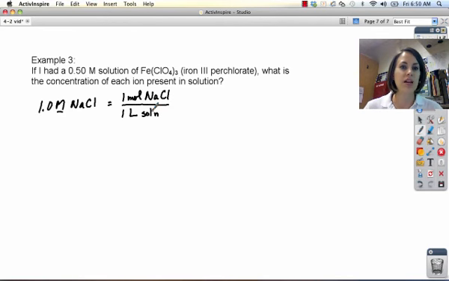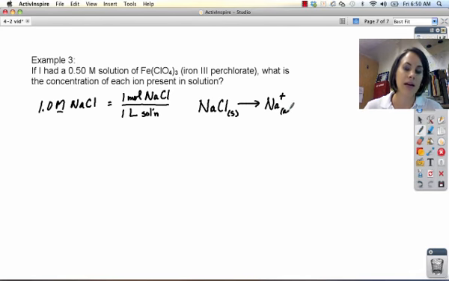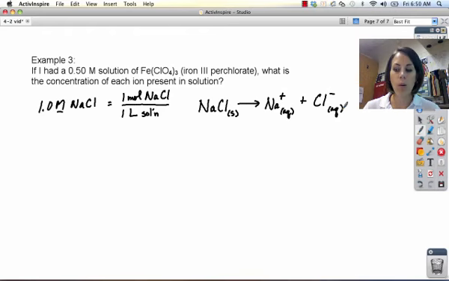If I look at my dissociation equation for that, NaCl breaks apart into 1 sodium ion, which is positive, and 1 chloride ion, which is negative. So the ratios here are all 1 to 1 to 1. If I have 1 mole of NaCl, that means I'm also going to have 1 mole of sodium ions and 1 mole of chloride ions.